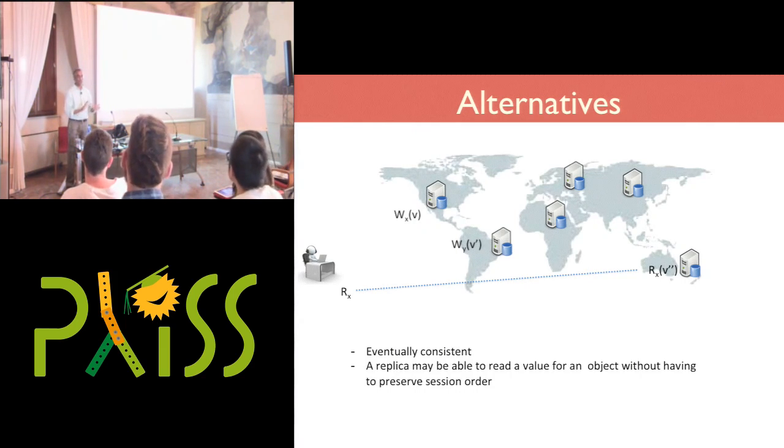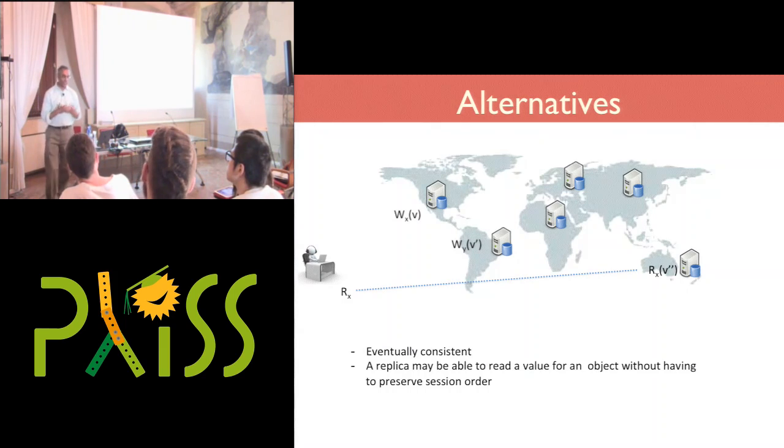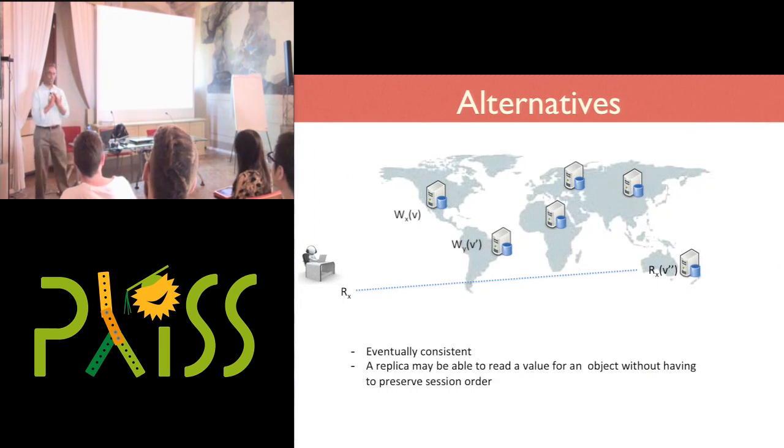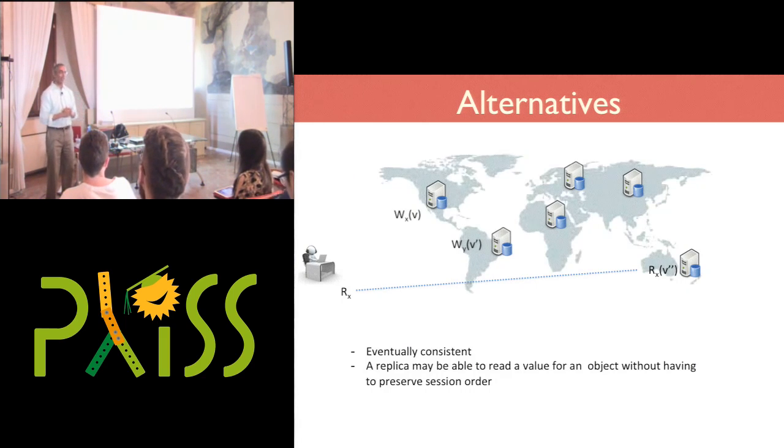The vast majority of distributed systems today are based around this notion that you are allowed to read arbitrary values without the need for consistency among the replicas on the values that were written, with this one caveat: we know that at some point in the future, that write of V to X will eventually find its way into this replica over there, and to all the replicas.